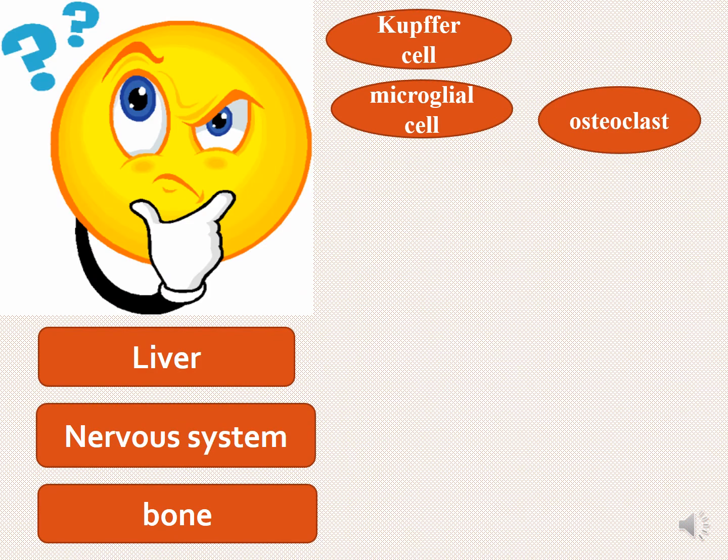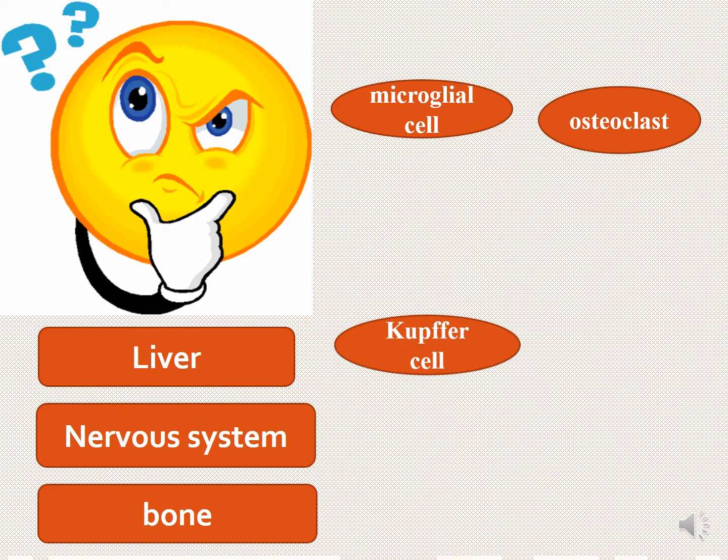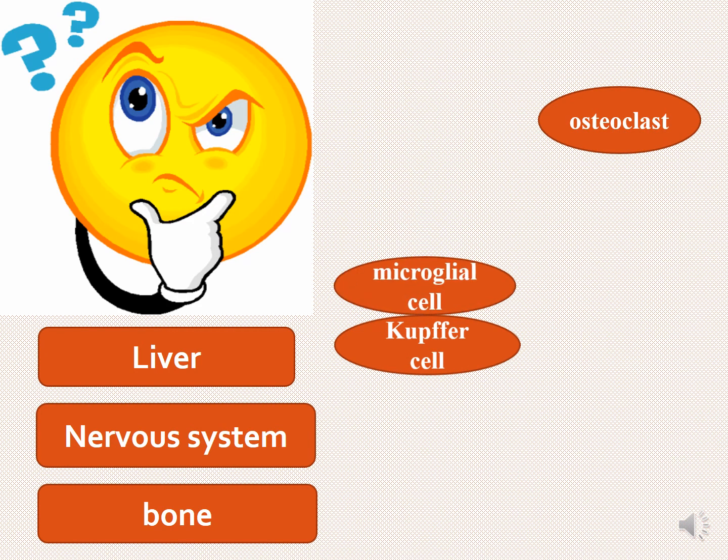In certain regions, macrophages have special names. In the liver, the macrophages are called Kupffer cells. In the nervous system, the macrophages are called microglial cells.